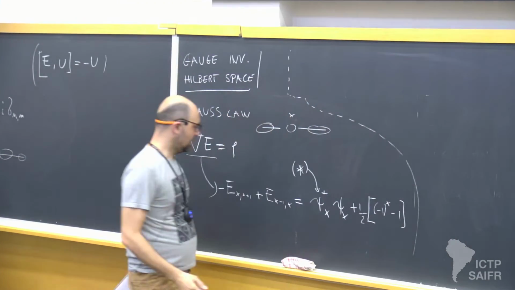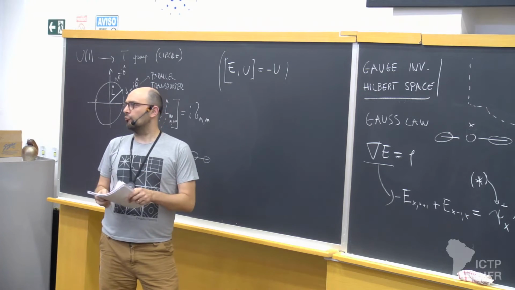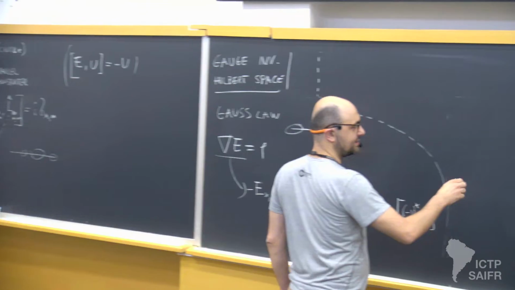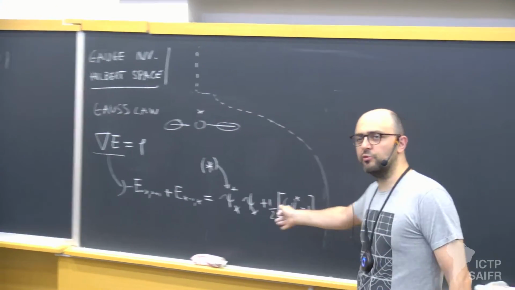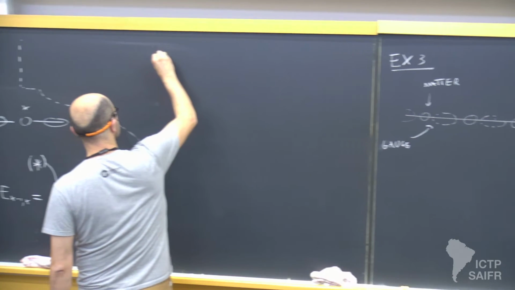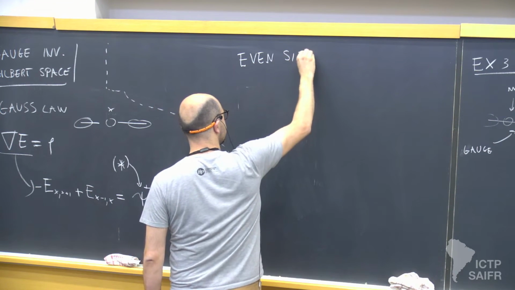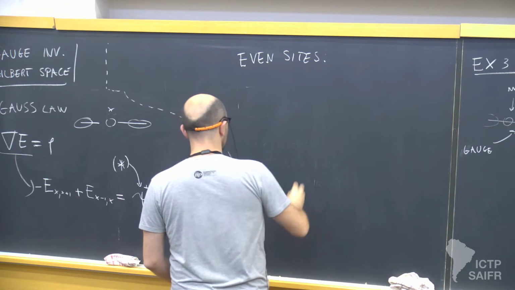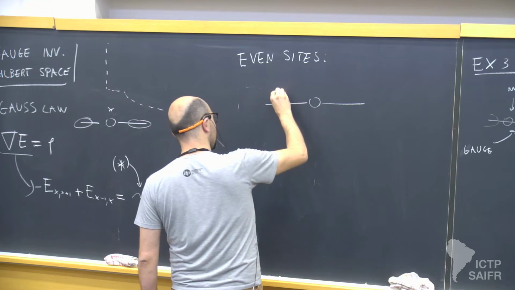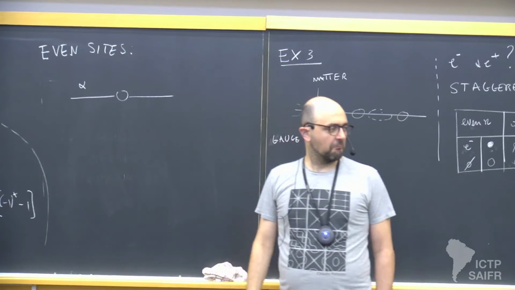So this is now our Gauss law. Now we have to write down the states which are allowed. This is pretty simple, but since we have this weird minus 1 to the x, let me do it separately for the even and the odd sites. On the even sites, suppose that I have an electric field entering here which is given the value alpha.